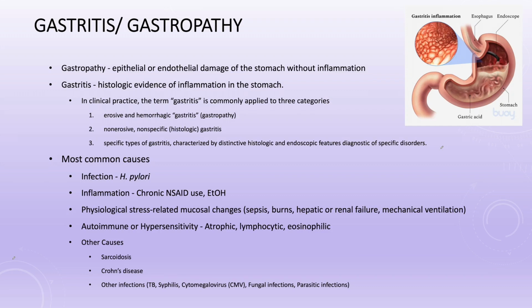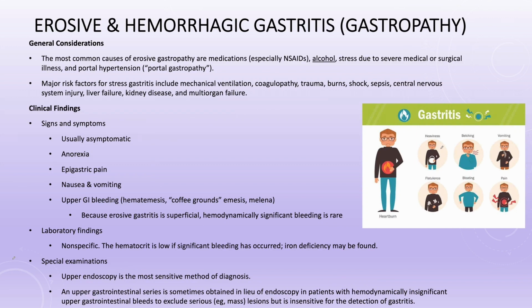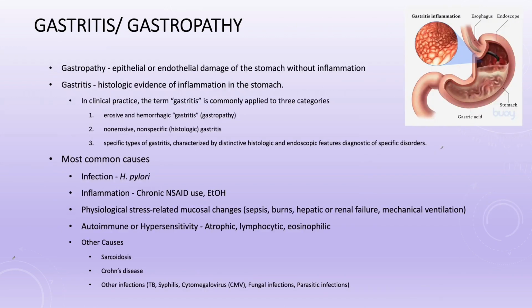You also have it in autoimmune hypersensitivity problems, and then sarcoidosis, Crohn's, and other various infections and things. So it kind of runs the gamut. So we're going to talk briefly about the erosive hemorrhagic gastritis and a little bit of the non-erosive, non-specific gastritis.